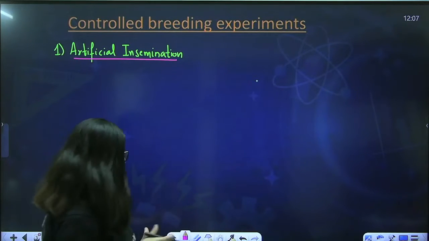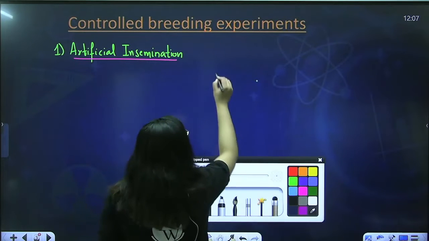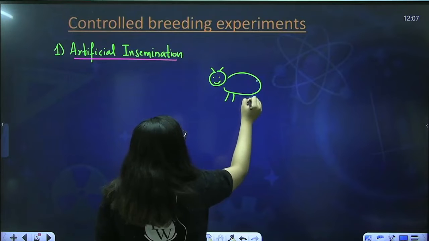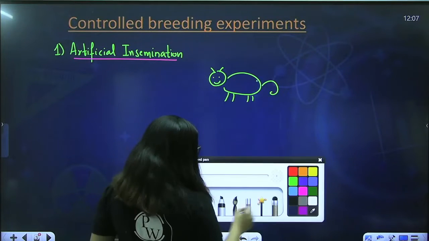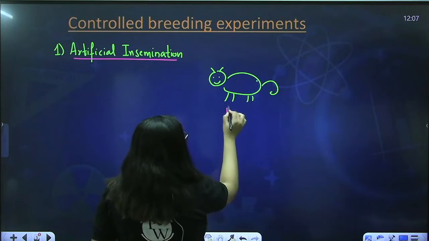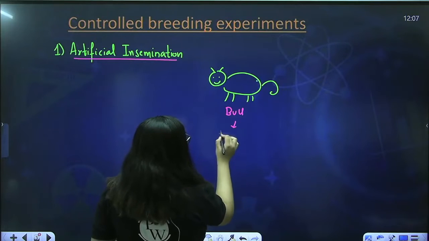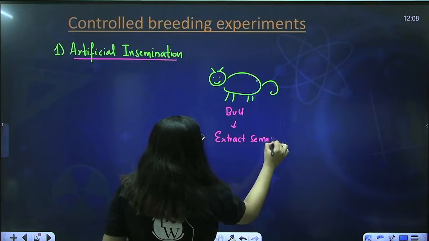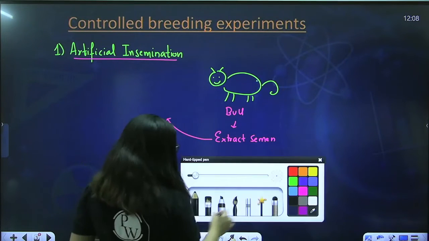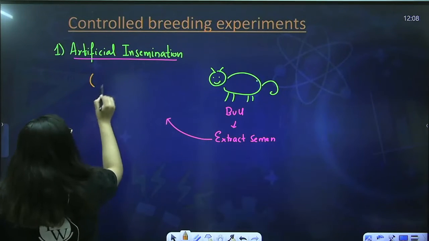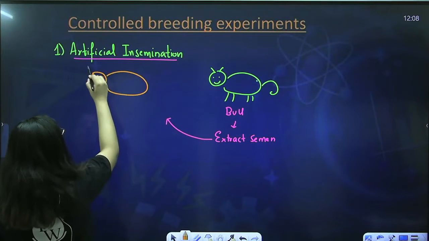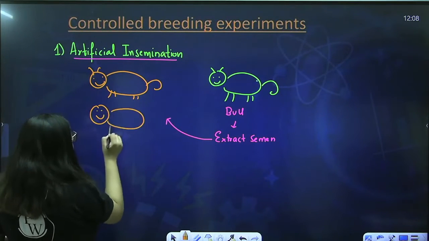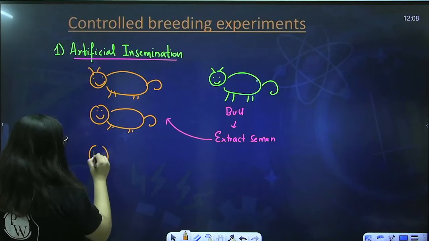Imagine this is a bull, though it looks like a cat, but it's a bull. From the bull we extract semen, and that semen is then deposited into a number of cows. The bull is just a single one, but from one bull's semen you can inseminate a number of cows.